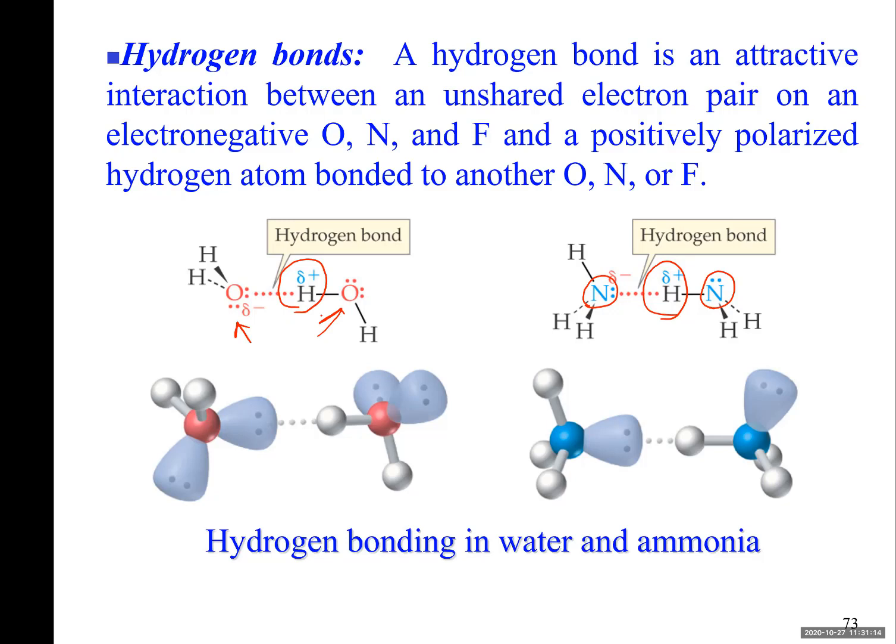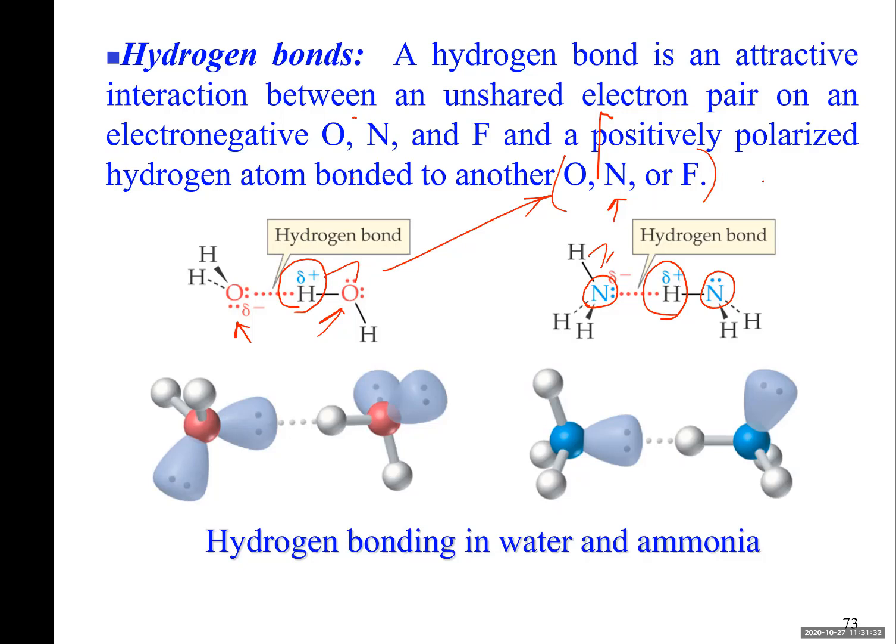It happens only when hydrogen is sitting on three atoms. If hydrogen is sitting on oxygen, that's one case. If hydrogen is sitting on nitrogen, that's a second case. And the third case is when hydrogen is sitting on fluorine.